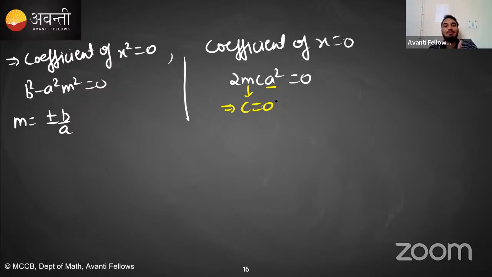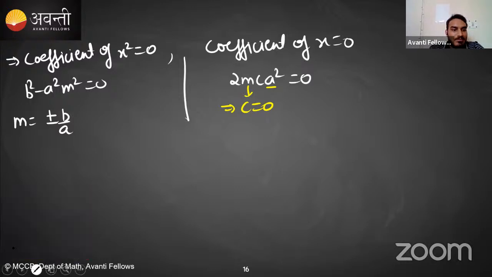Is this understood? Why only c is 0? Because a square cannot be 0, as it is in the denominator, and if m is 0 the line is horizontal but a horizontal line cuts the hyperbola, so m cannot be 0. So only c has to be 0.